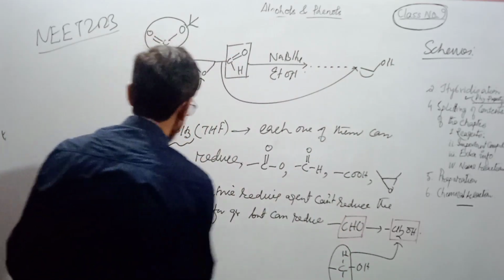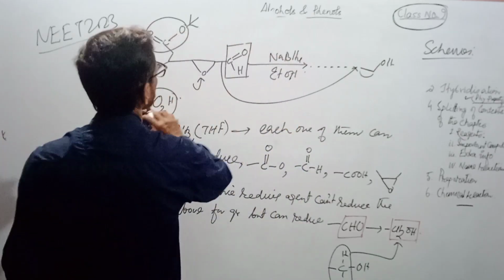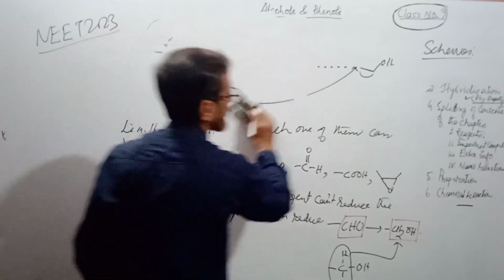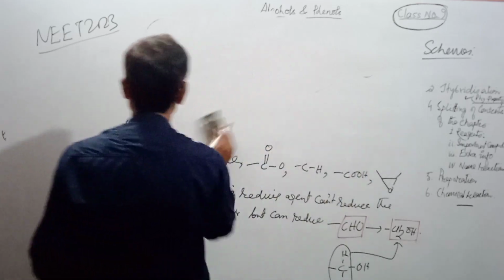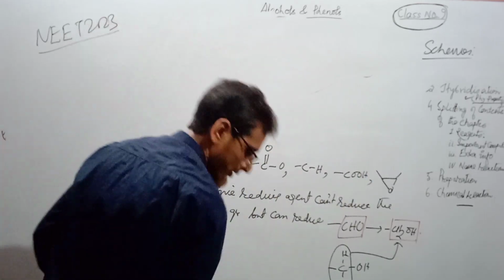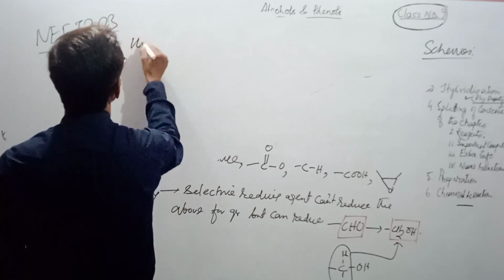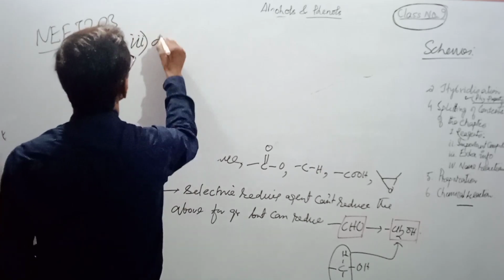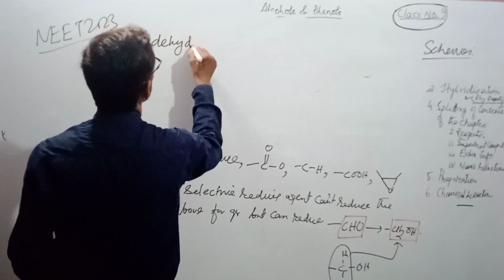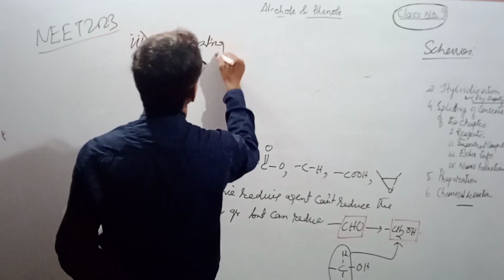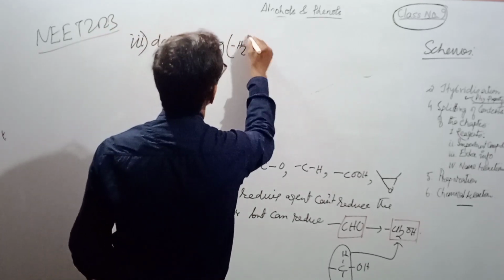Now I am trying to explain other reagents. Number 1 and 2 are oxidation and reduction. Type 3 is dehydrating, meaning loss of water.